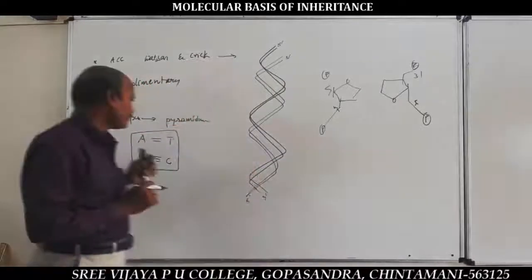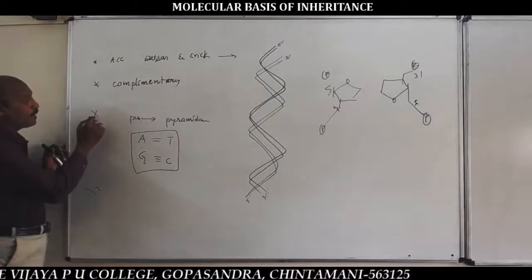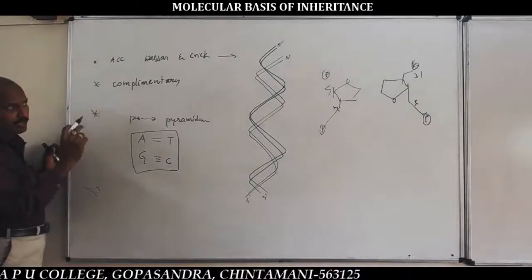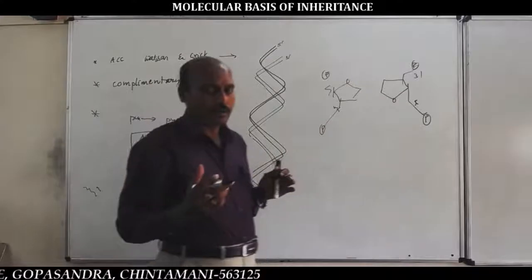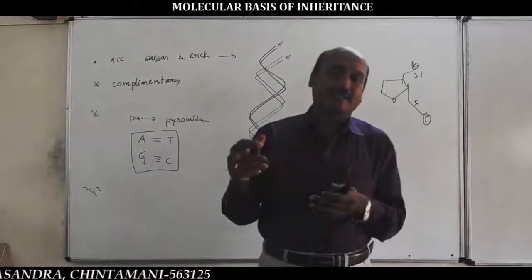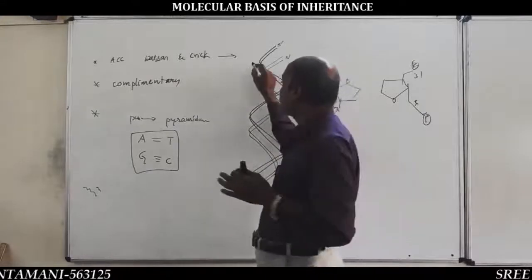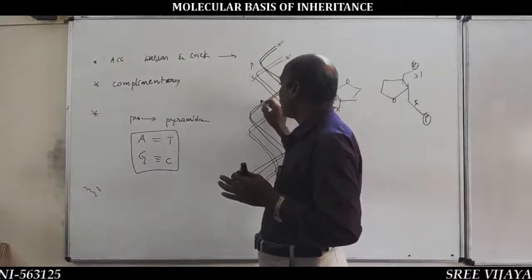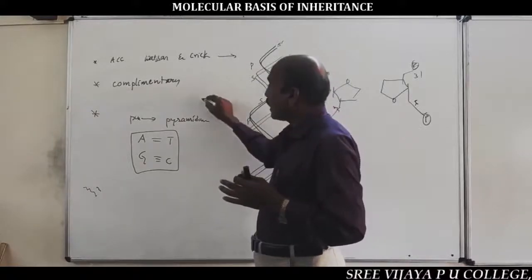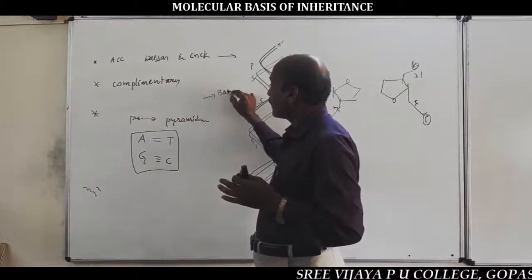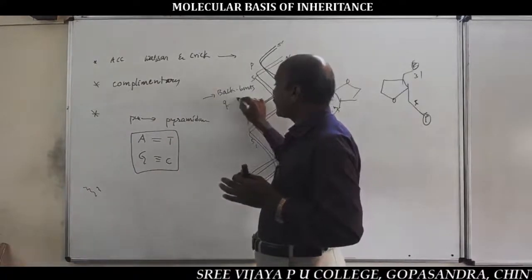And in double-stranded DNA, both polynucleotide chains are twisted in the form of a revolving ladder, in which the sugar and phosphate groups act as the backbones of DNA.